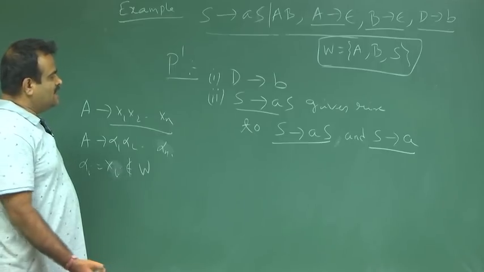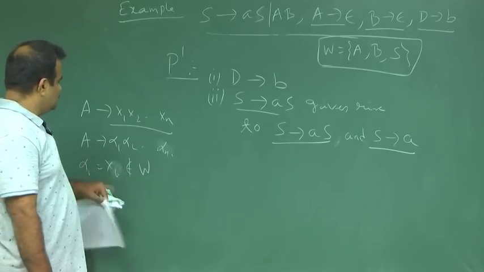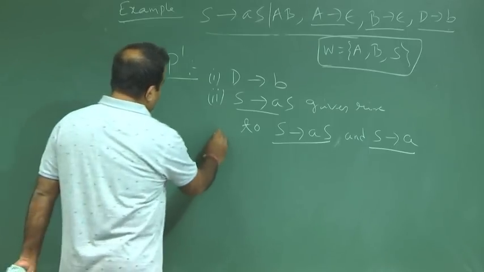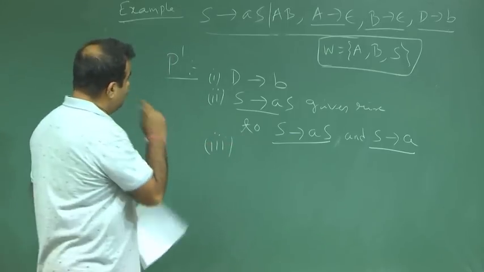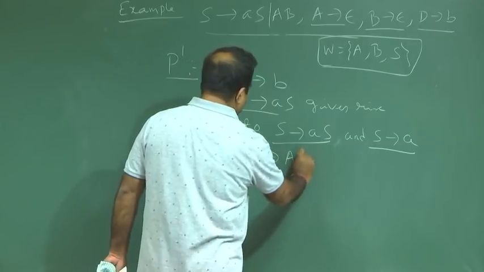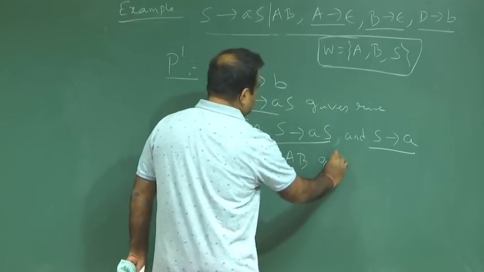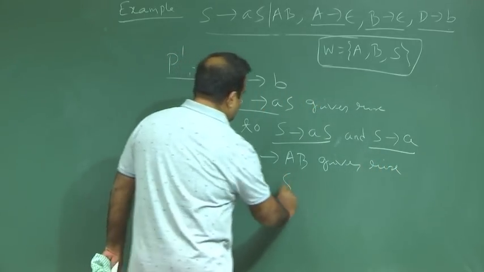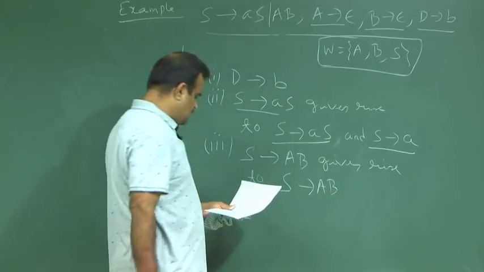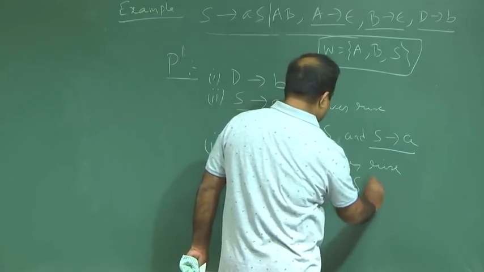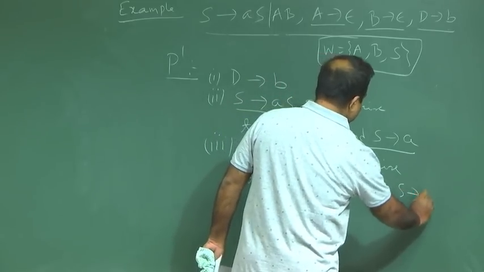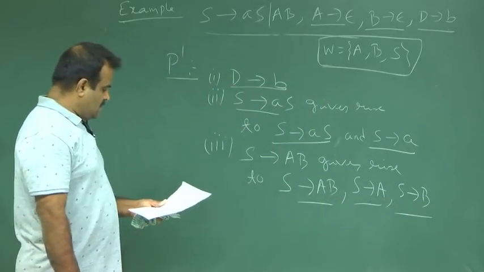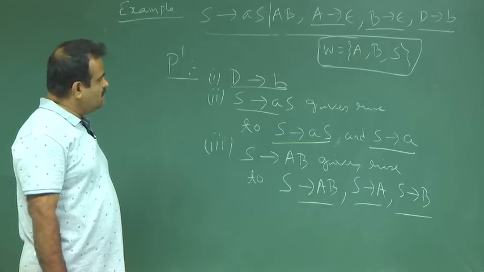So, we can erase xi, or we may keep xi, that is the nullable variable. So, this gives rise to this, and the third one is S goes to A B. This also gives rise to two rules again: S goes to A B, and we can erase A to get S goes to B, and we can erase B to get S goes to A. So, these productions will be in P prime.